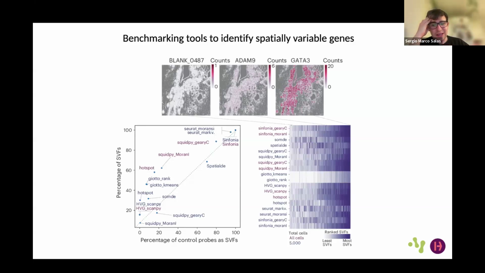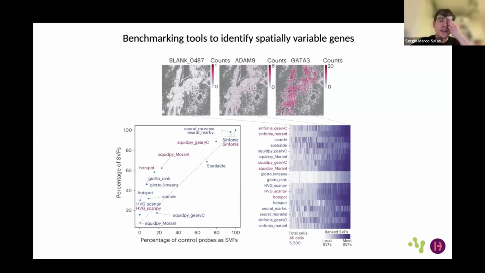And this you can see in here, on the plot on the bottom right side, you can see the different methods with every gene ranked from the most spatially variable to the least spatially variable, and you can see how for all the methods the matrix turns darker as we move to the right, meaning that there is a high consistency in the performance of different methods.